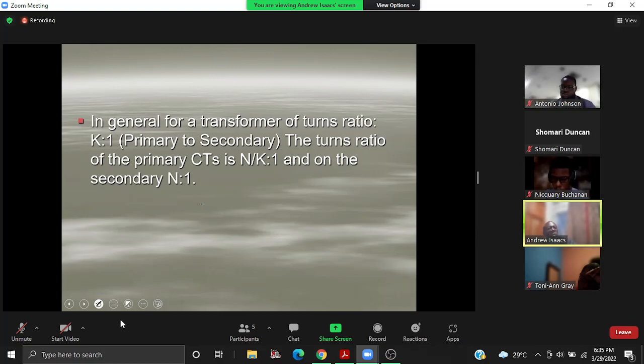So in that example, the turns ratio was 2 to 1. So whatever we would have chosen for the secondary, we would have used half on the primary. So if I choose the 500 to 5 on the secondary, then on the primary, it would be 500 over 2. So that's why we use the 250.